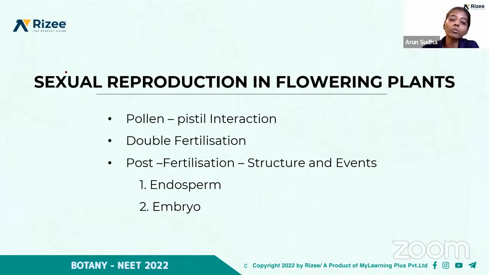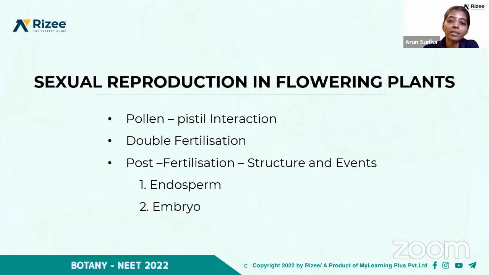That is how the interaction occurs between the male and the female gamete, that is fertilization, and we'll see in detail about the double fertilization and post-fertilization structure and events.